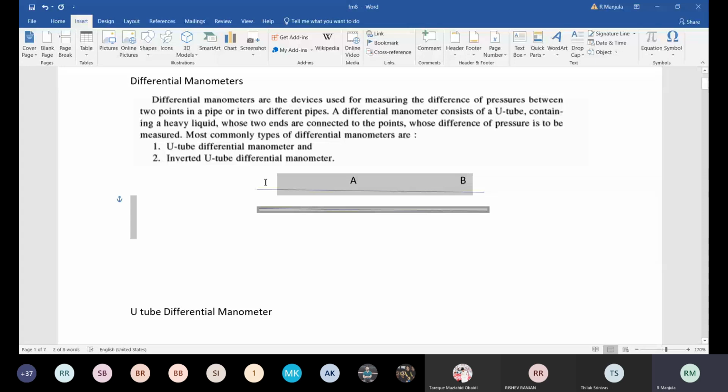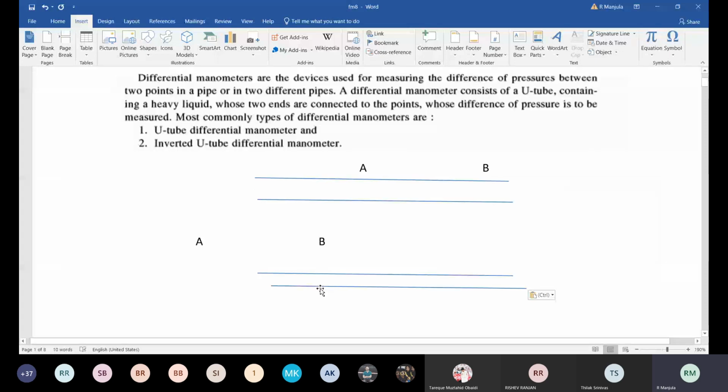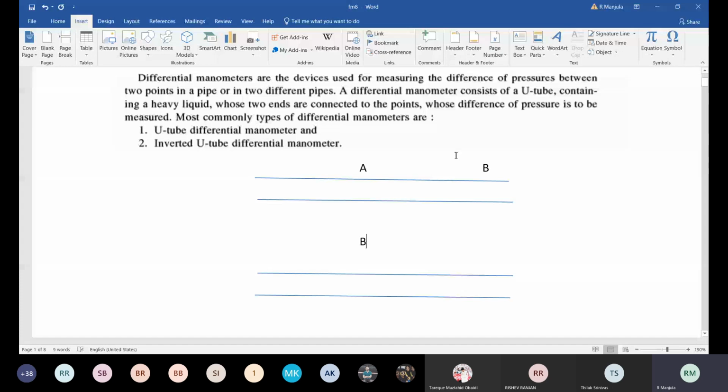Suppose there are 2 pipes here. Here you can measure, suppose this is point B. You can connect A and B using differential manometers.